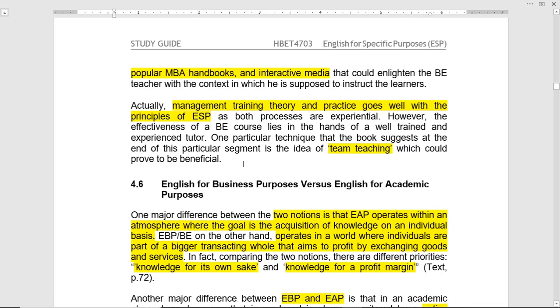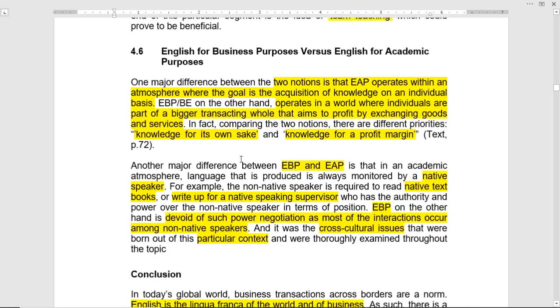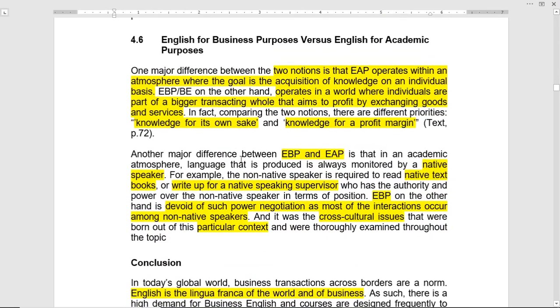Then another idea is team teaching, which could be very beneficial for a business English teacher. English for business purposes versus English for academic purposes. There are differences.